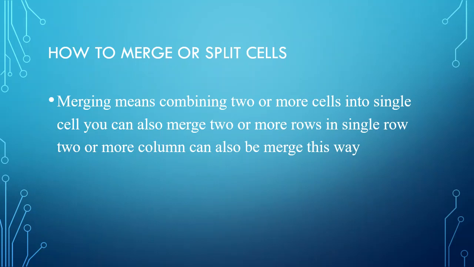When we combine two or more cells together and make one cell, it's called merging a cell. You can also merge two or more rows into a single row. In a similar way, two or more columns can also be merged to make a single column.